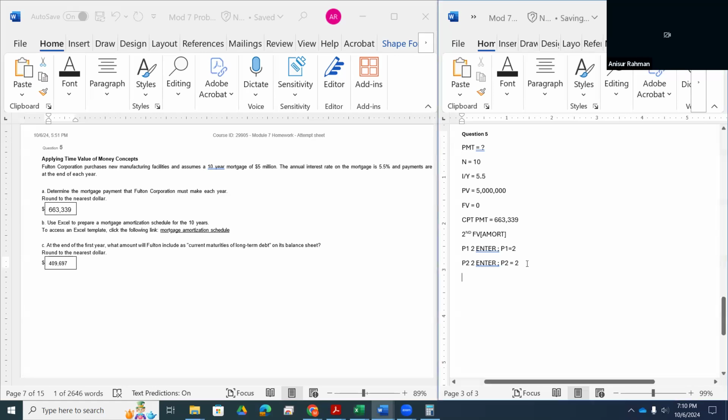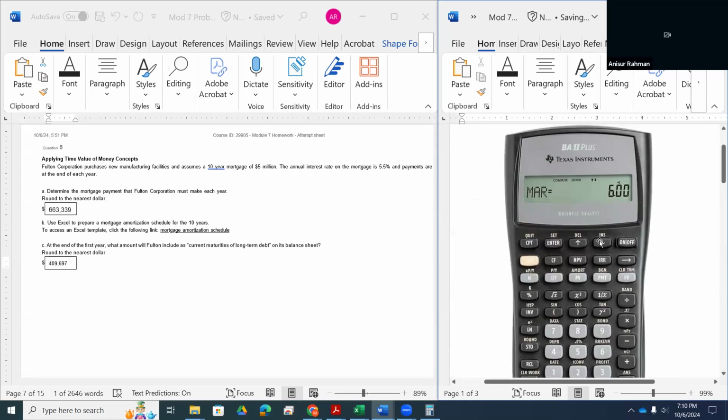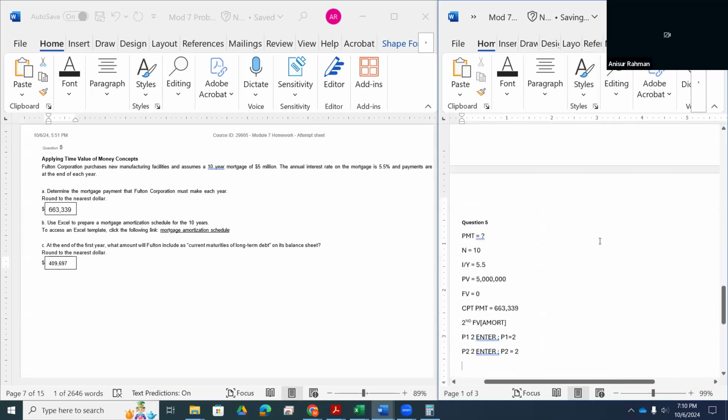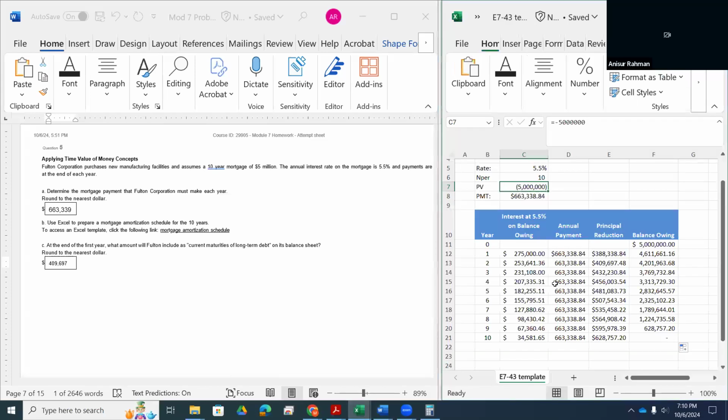And then you'll press the down arrow again. You should see it says balance. Let me go back to our Excel file.